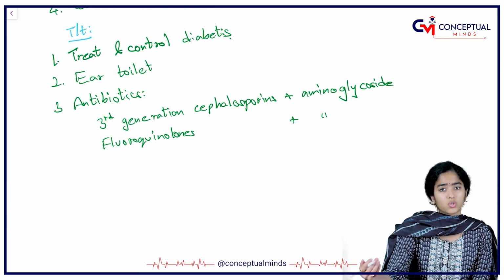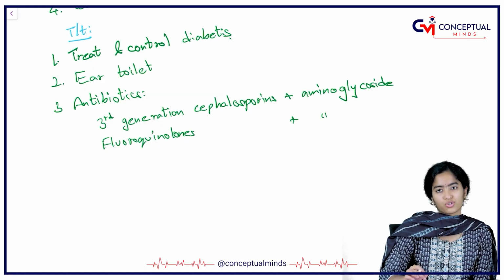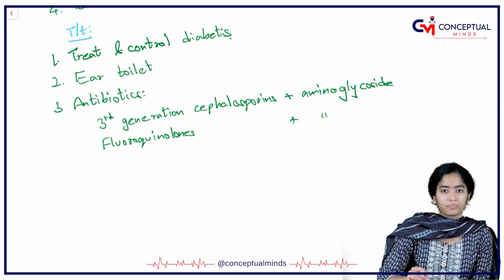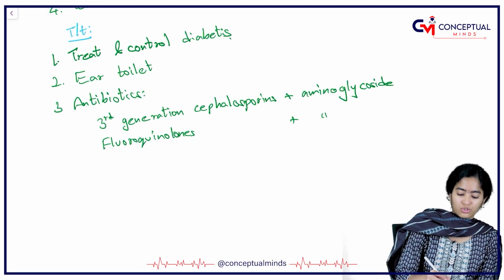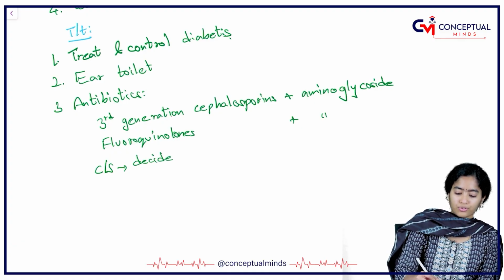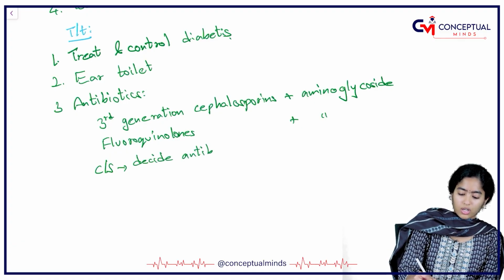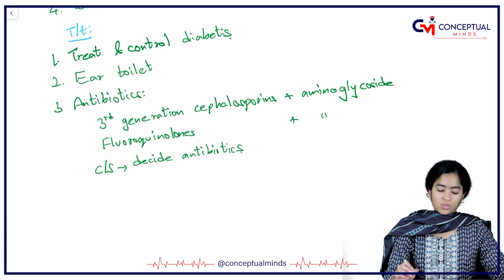In very severe cases, we can also give them IV. Quinolones can be given oral. Third generation cephalosporins are usually given IV. And if at all the patient doesn't respond, we send the discharge to culture and sensitivity and then decide the antibiotics based on the report of culture and sensitivity if the patient doesn't respond.